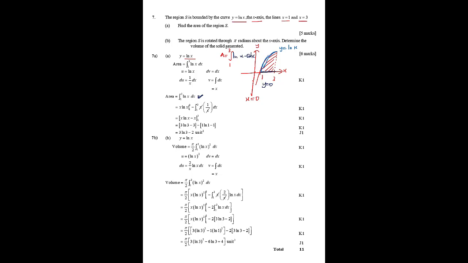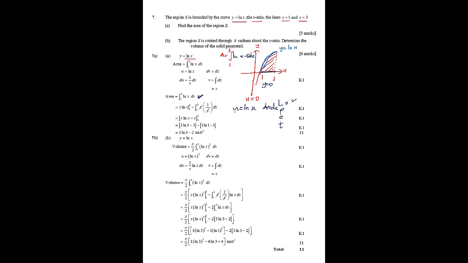Then to integrate ln x, you need to use integration by parts, so you need to choose u and dv. To choose u, you use LIATE, or LOPED. Since you only have a log, u is your log function, and dv is your dx.